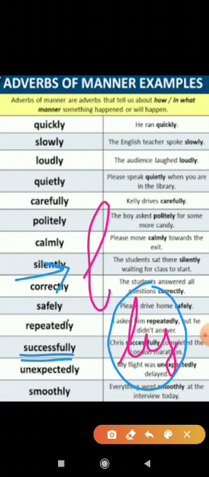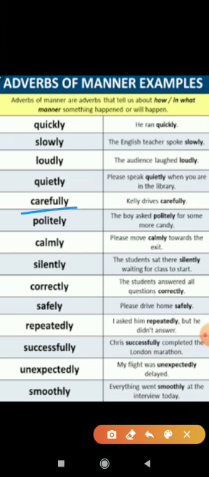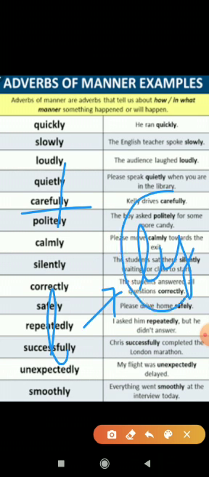Successful ends in l. We made adverb of manner by adding ly. Or for example, careful. Careful also ends in l. We added ly to careful, and we got adverb of manner. We make adverbs of manner by adding ly to adjectives.